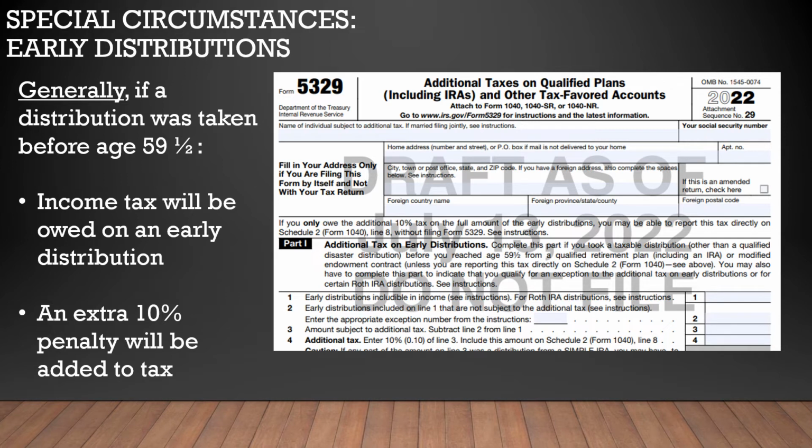If they took out the whole amount in their plan, that could really increase their taxable income for the year. And in addition to that, they're going to see an extra 10% penalty added to that tax.